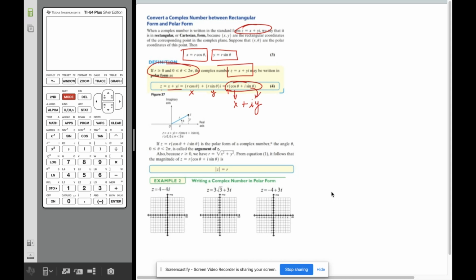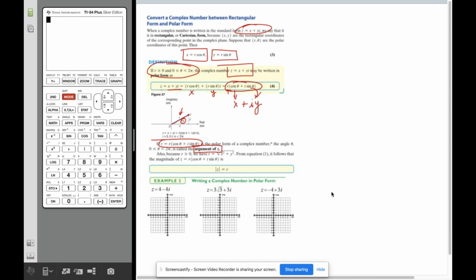So if you wanted to look at the graph then, you basically end up with the same thing that we've talked about before, except this is now r. That's the hypotenuse of the triangle, and that would be theta, which is the angle that it makes around the polar graph. So the angle theta is sometimes called the argument of z if it is written like that.